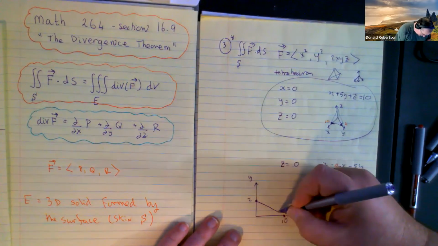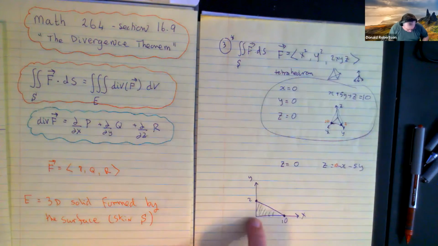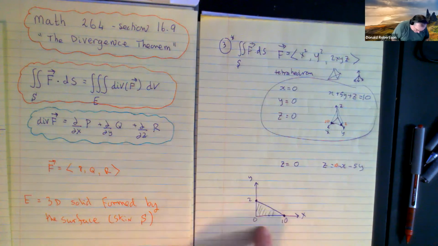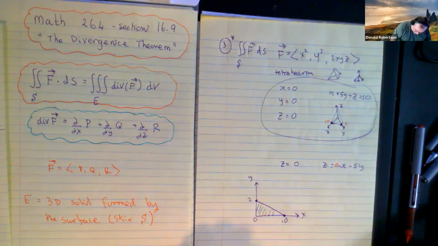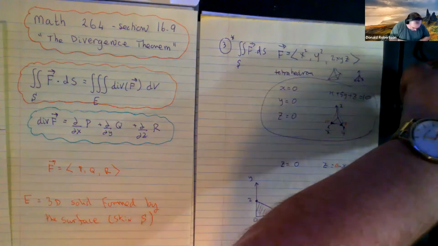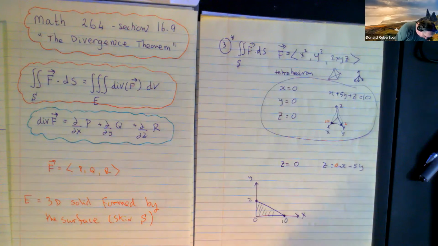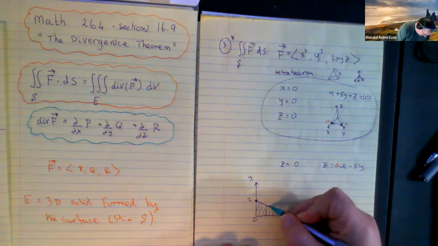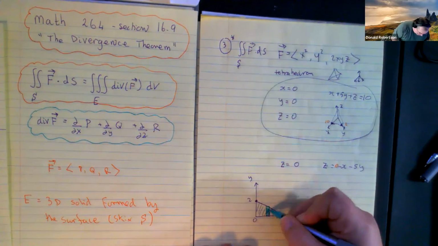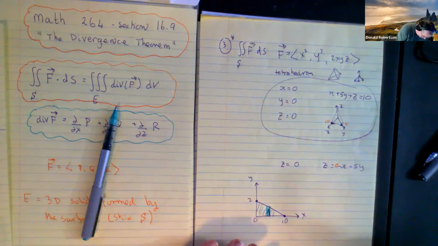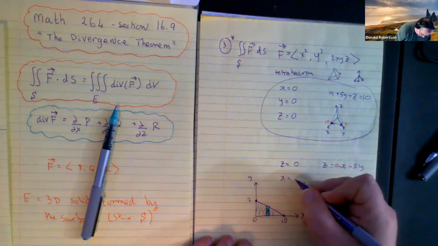And that there is going to be how we describe the x's and the y's. I've done enough of these triangle ones that they become kind of second nature. So my x's are going to go from 0 to 10. We're comfortable with that?